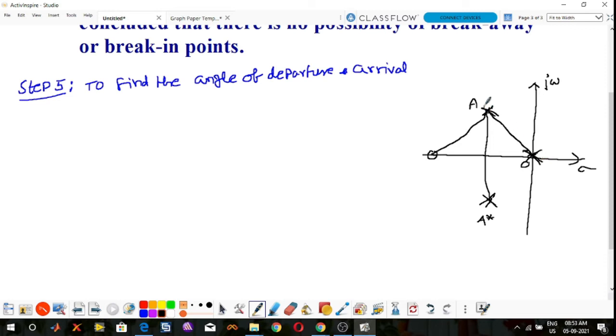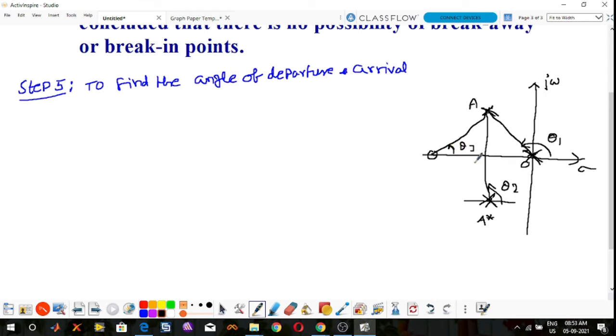So draw the line from this complex pole to the remaining poles and zeros. And this angle is considered as theta 1, this angle is considered as theta 2, and this angle is considered as theta 3.